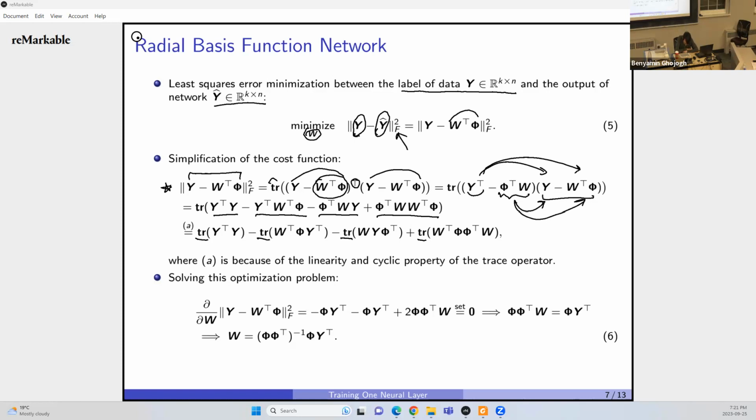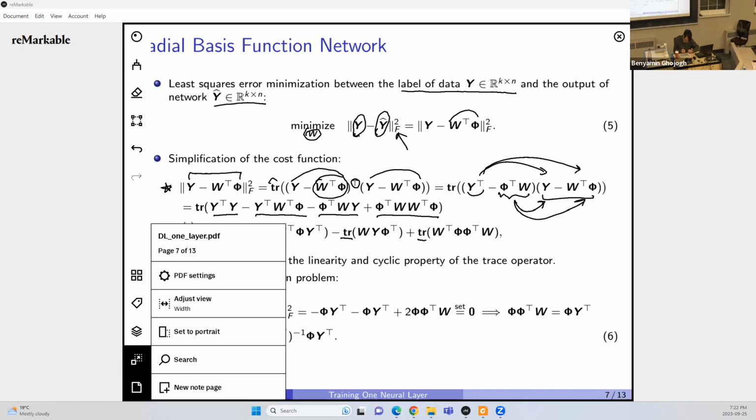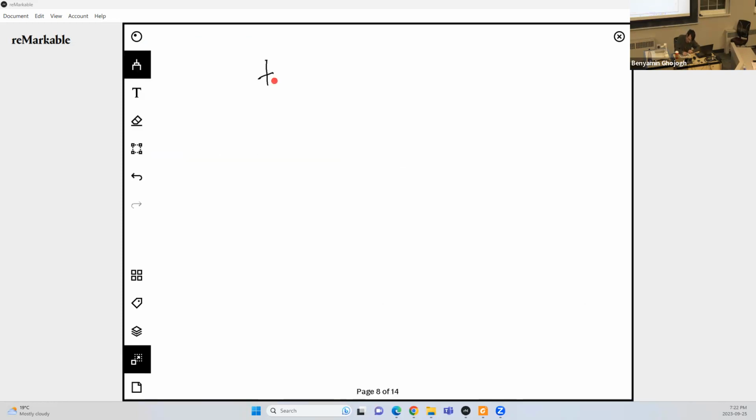Moreover, I can use the cyclic property of trace. You know the cyclic property of trace, don't you? If you don't know, let me tell you once, because we use this a lot. Trace of ABC, assume A, B, and C are matrices. You can bring every matrix to the other side and do it repeatedly.